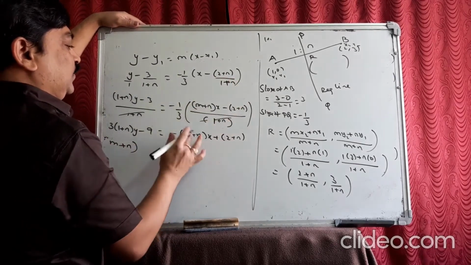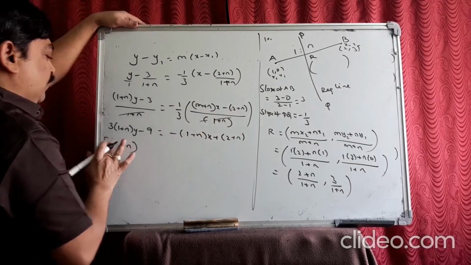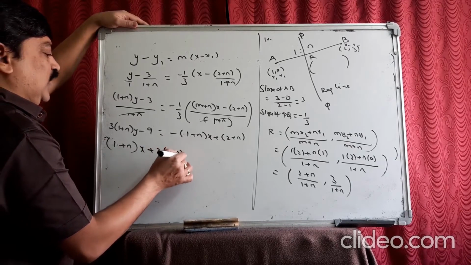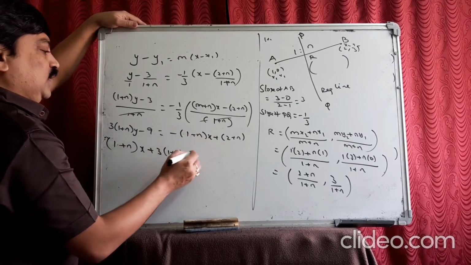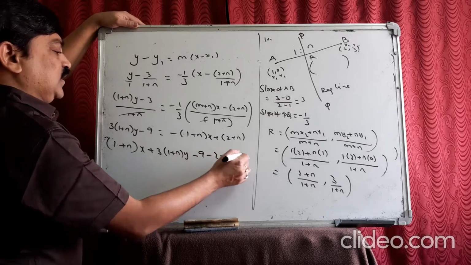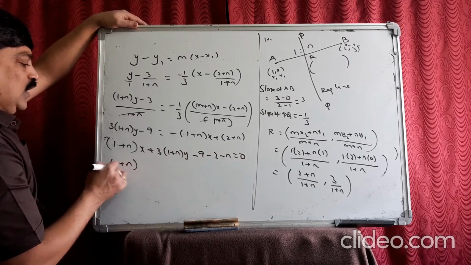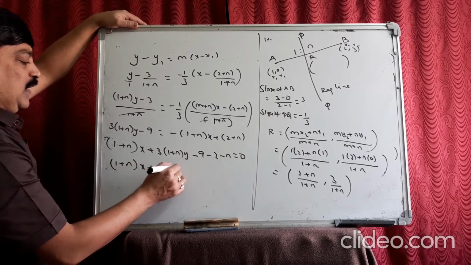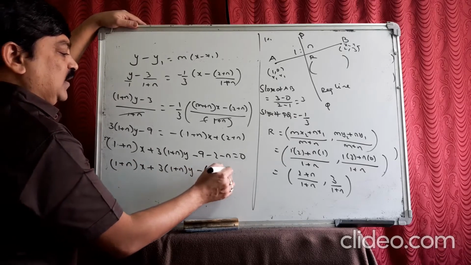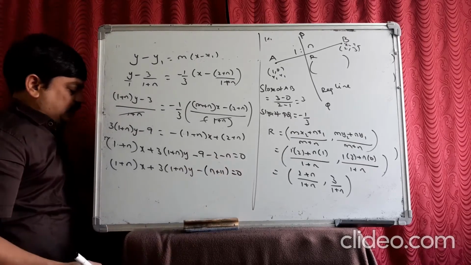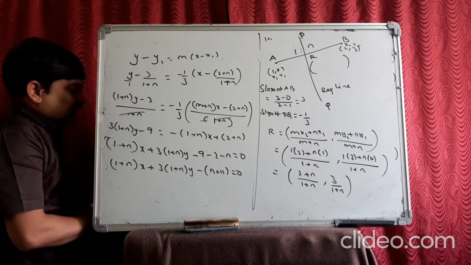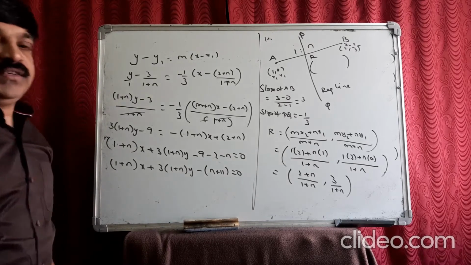So it becomes (1+n) into x plus 3 into (1+n) into y, minus 9 minus 2 minus n is 0. So (1+n)x plus 3(1+n)y minus (n+11) equals 0. Let me check it once. Exactly. Right?